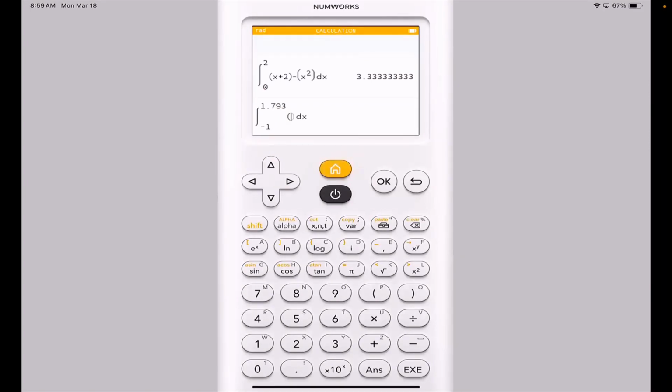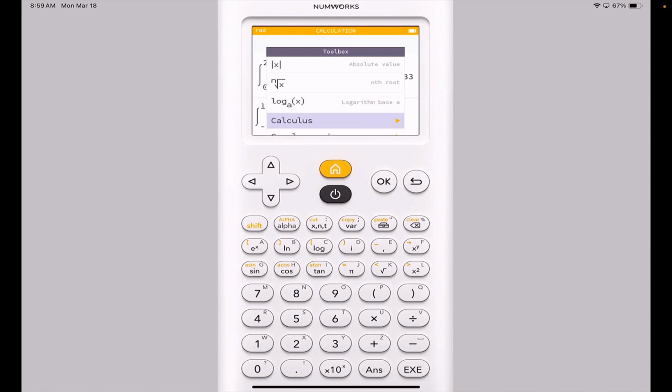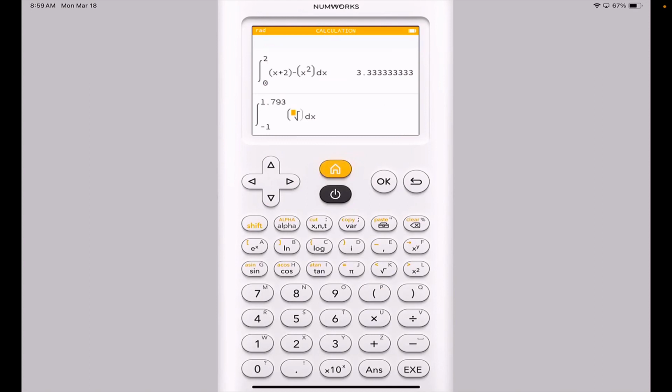The cube root is also in the toolbox. Anything that's not there, check the toolbox first. I don't want calculus, so just hit the back button and go up to nth root. That's what I want. We want the cube root of y, but we can only do x, so that's fine.